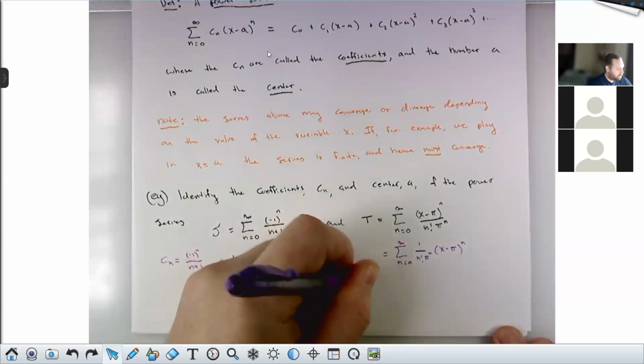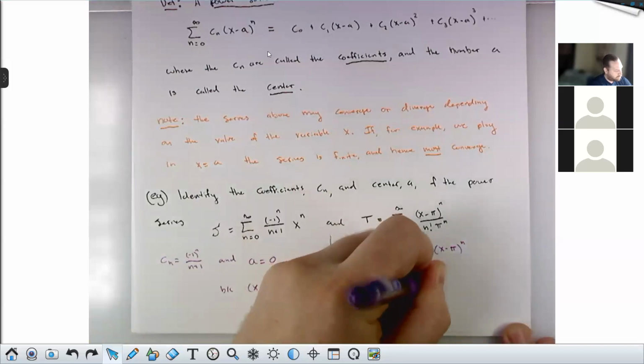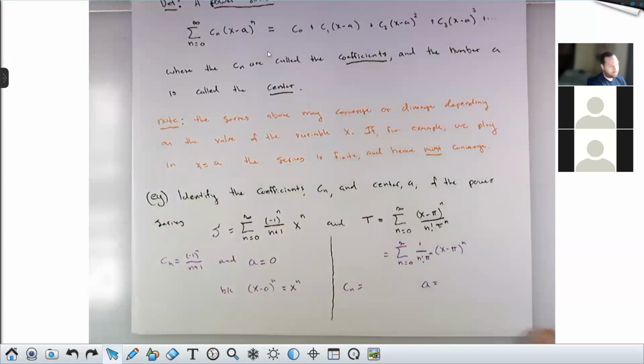So this time, let's start with the center. What is the center of the power series T here? Again, I promise no tricky business. Don't overthink it. Just match this up with this.